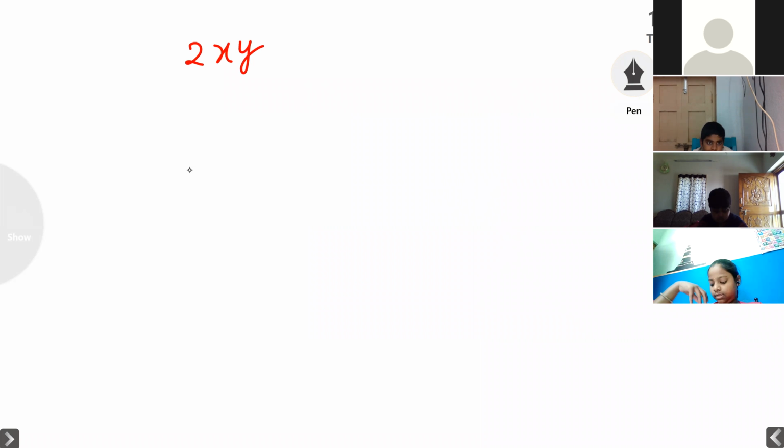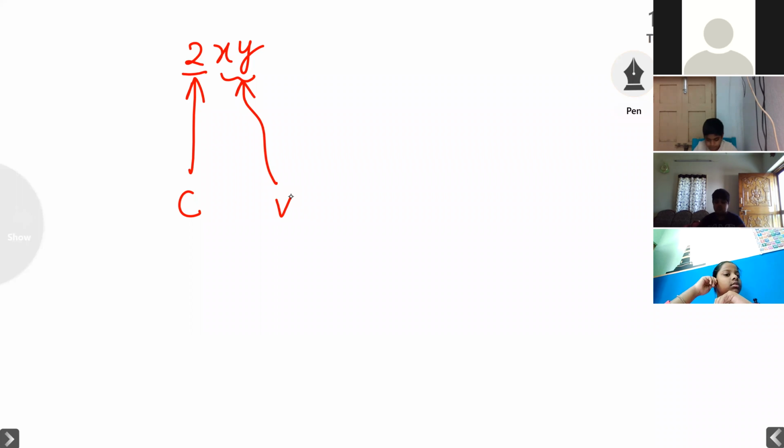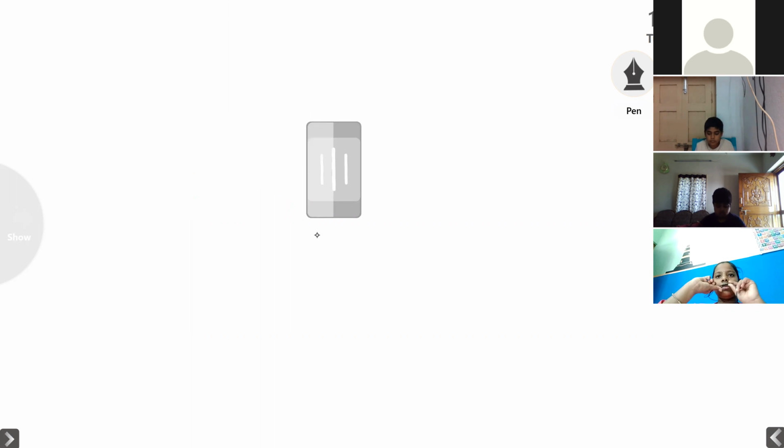Number is the constant and alphabets are the variables. Wherever you get a number, that is called constant, and wherever you get an alphabet, that is called variable. Today I explained terms, factors, coefficient, numericals, and literals.